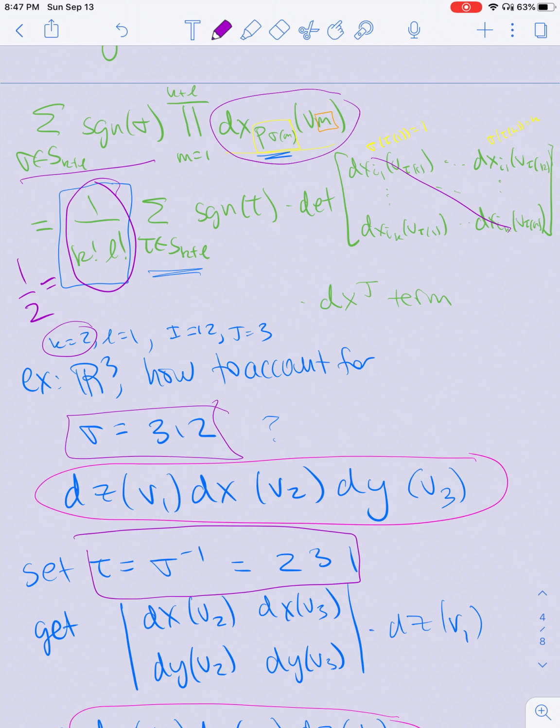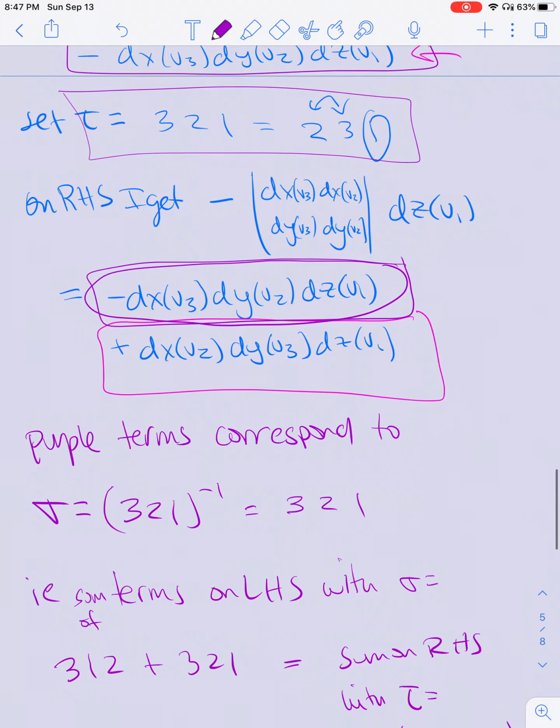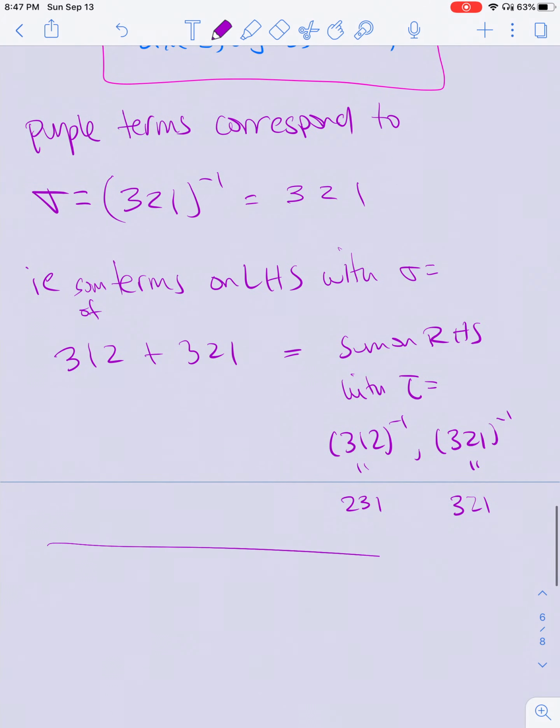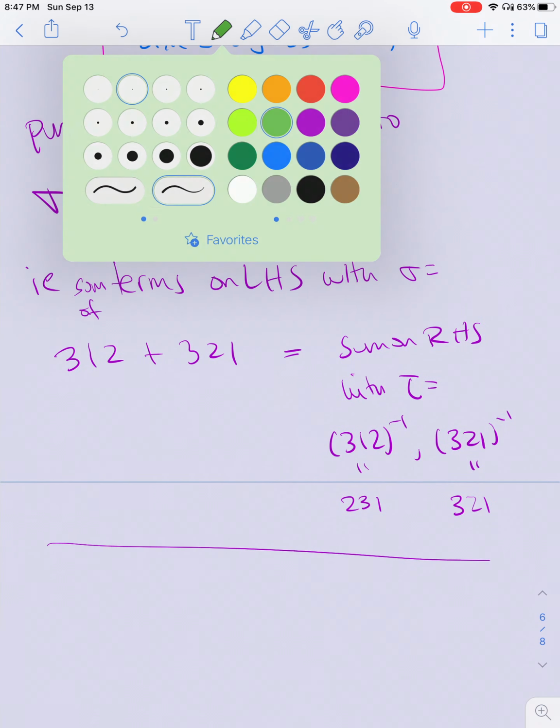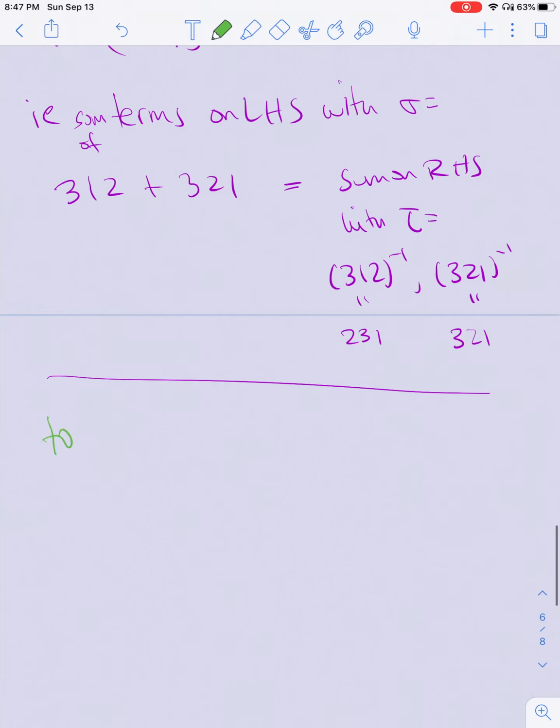And all those extra terms are accounted for by the k factorial L factorial. So when I'm proving the actual theorem, not just in the special case, to account for sigma, set tau equal to sigma inverse. But this will now add with some signs that we're not going to actually discuss.